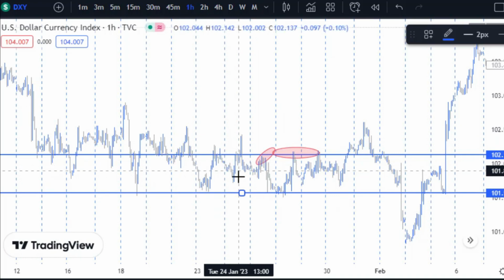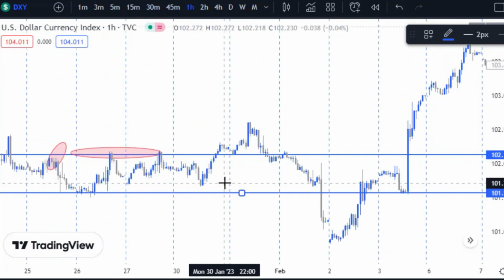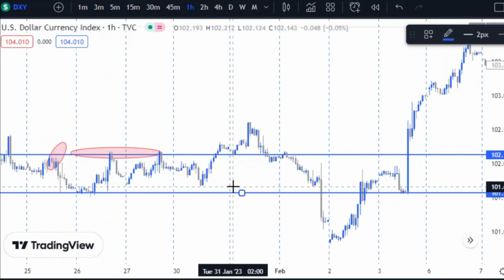Now here comes the big question: what is the major difference between supply and resistance, or the difference between support and demand? Now here's the big difference. Resistance could be previous zones that price has tested and can keep testing, but supply is a fresh zone that price has not tested before, and upon testing that zone it may retest it just once and then continue.